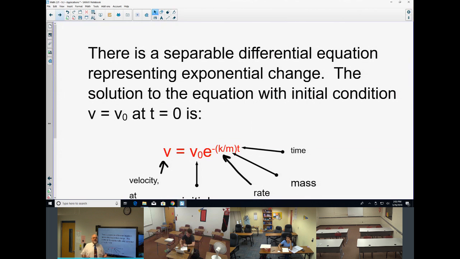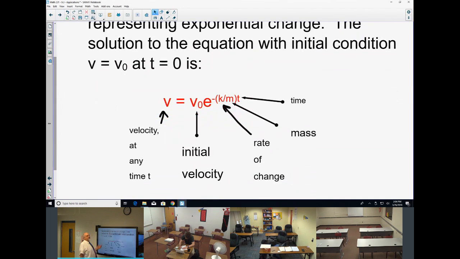So this is another application of differential equations where we come up with a formula. This is a separable differential equation representing exponential change. The solution to the equation with initial condition v equals v sub 0 at t equals 0 is a formula that we get through solving a differential equation.